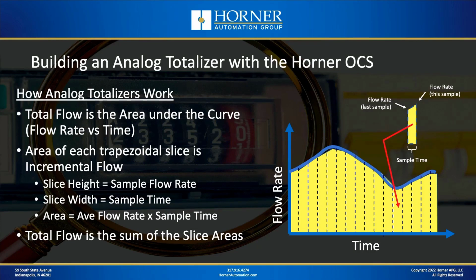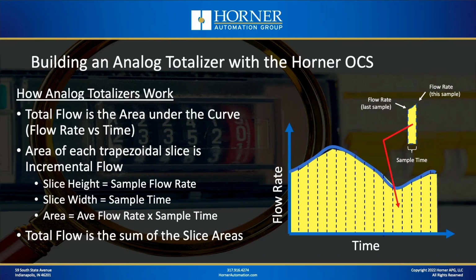If we take a look at that chart on the right, I've graphed flow rate on the y-axis and time on the x-axis, and you can see the blue curved line there that indicates flow rate versus time. Our job, if we're an analog totalizer, is effectively to calculate the area under the curve, and that gives us our total flow. Now, how can we do that effectively?